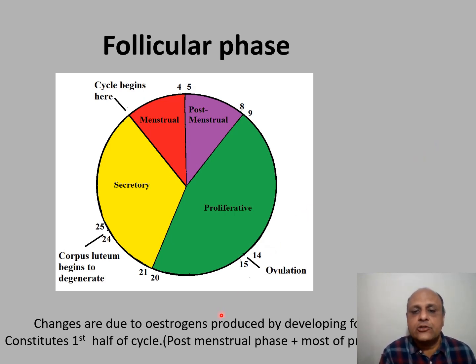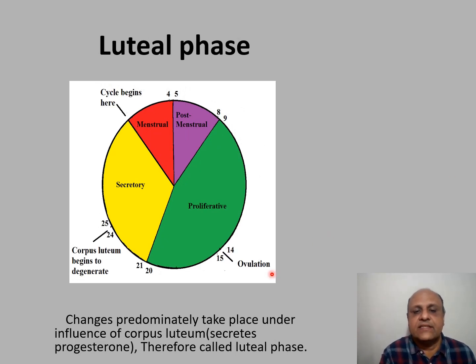Changes are brought by estrogen, produced by developing follicle. So most of the postmenstrual phase and most of the proliferative phase are in the follicular phase. In luteal phase, the changes take place under the influence of progesterone predominantly. So some part of proliferative phase and the secretory phase, that is the luteal phase.